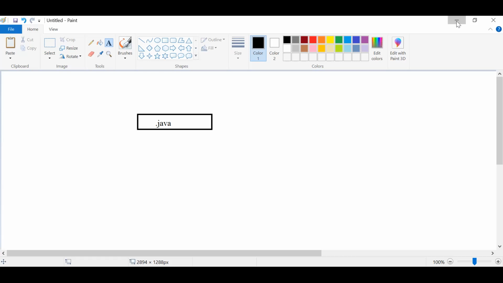How can you identify this is the Java file or the text file? When you are moving the cursor on the document, it shows text document. So in that way only, but that is not a permanent, proper way.